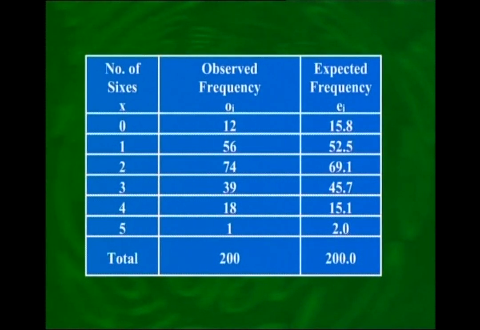Now, our interest lies in determining whether the expected frequencies are quite close to the observed ones, or is there a considerable amount of discrepancy between the two. It appears that there is not a tremendous amount of difference between the observed frequencies OI and the expected frequencies which are denoted by EI.